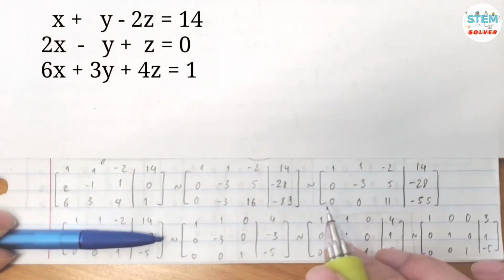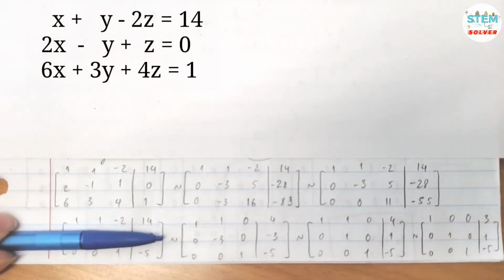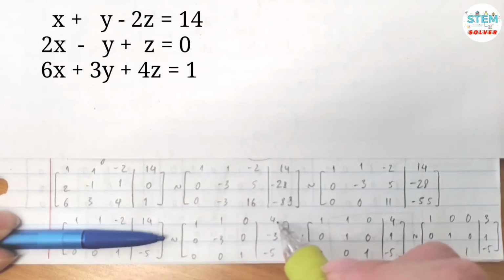Now doing the same thing for the first row to get 0 for the third column. So multiply this by 2 and add it up onto the first row. So I still have 1 because 0 plus 1 is 1, 0 plus 1 is 1, 2 plus negative 2 is 0, 2 times negative 5, negative 10, plus 14, I got 4, okay?